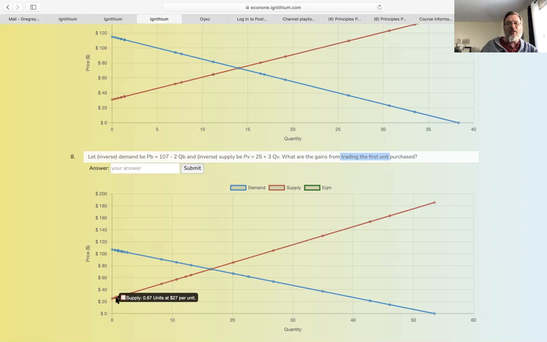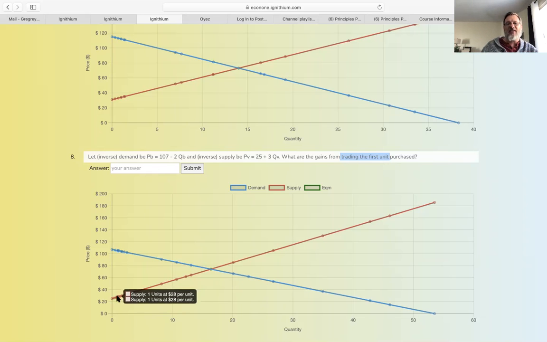If you add those together, the distance going straight up from supply to demand gives you the total amount of what we call the gains from trading. When I supply that first unit, I get some producer surplus as the producer, and you as the buyer of that first unit get some consumer surplus. Add them together, and that's how much we're both benefiting.